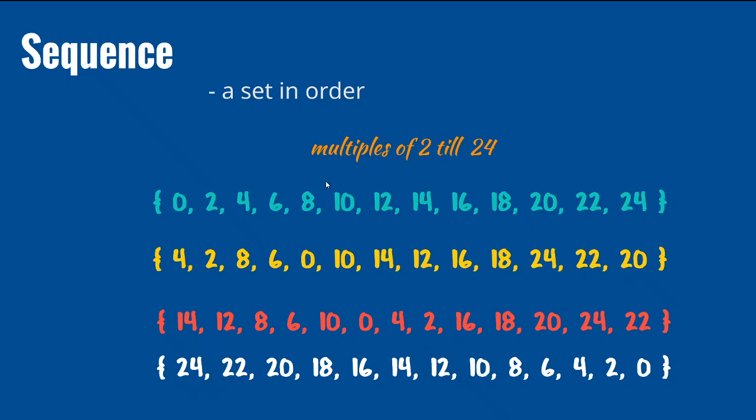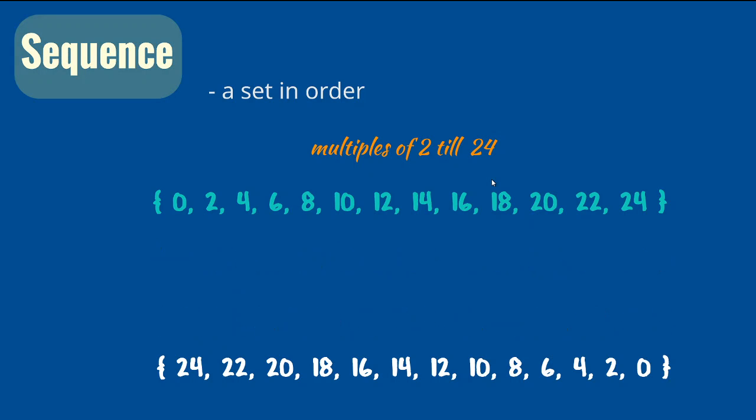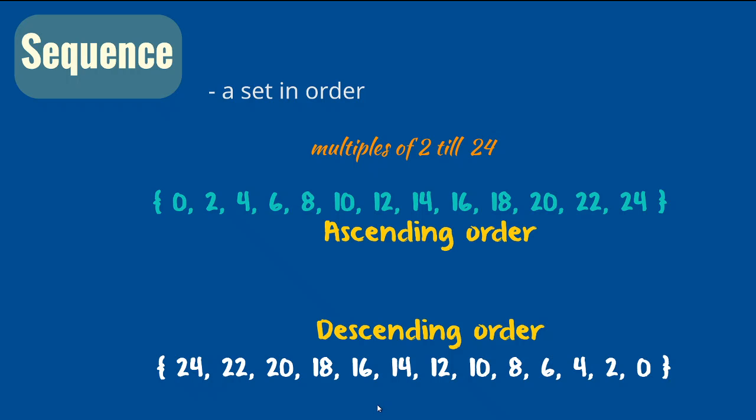When I want to make these multiples of 2 till 24 a sequence, then I have to take the curly brackets off. Now these two are a sequence, because one is in ascending order and the other is in descending order. It doesn't matter in what order it is, it has to be in some order.